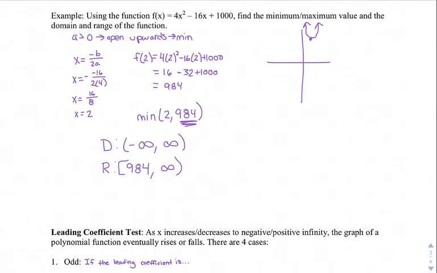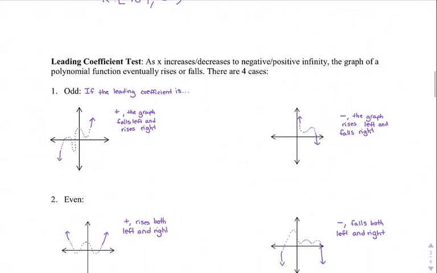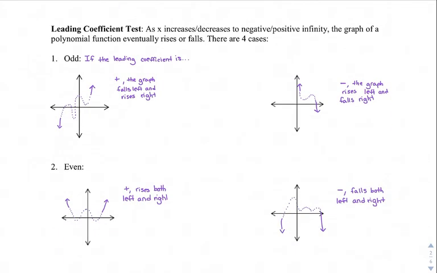So next we're going to talk about leading coefficient tests. The leading coefficient test is about end behavior. Eventually your graph is going to fall or rise depending on the coefficient and the degree. If your degree is odd, there are two cases. The first case is if the leading coefficient is positive, the graph falls to the left and rises to the right.